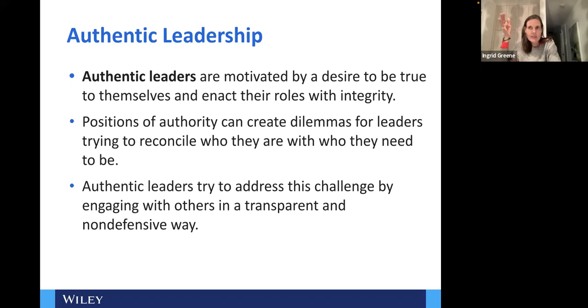And when I was in leadership roles, managing teams, I always felt like, you know what, I'm going to tell you what it is or what I'm feeling or how I would handle it. Obviously that's not always the best situation for the organization, but this is who I am. And so we engage with others in a transparent and non-defensive way.